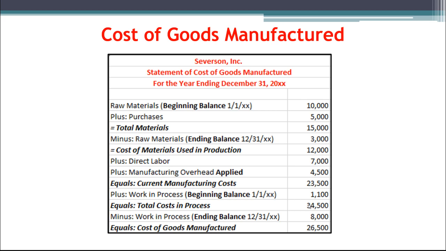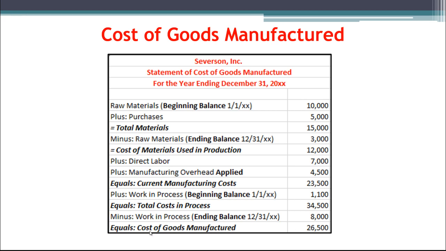We ultimately want to know how many costs relate to goods that were finished. These are just costs that could potentially be finished. So the total cost in process, but apparently not all of them were finished because we have an ending balance of work in process. We have to subtract that out, and now that tells us we did finish $26,500 worth of cost.